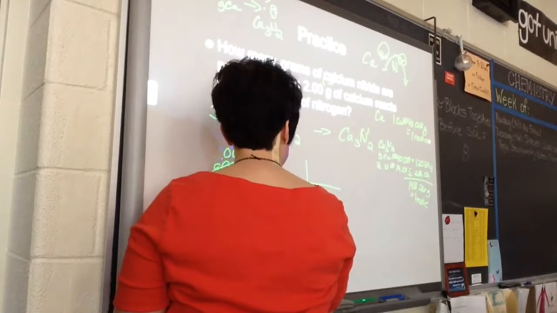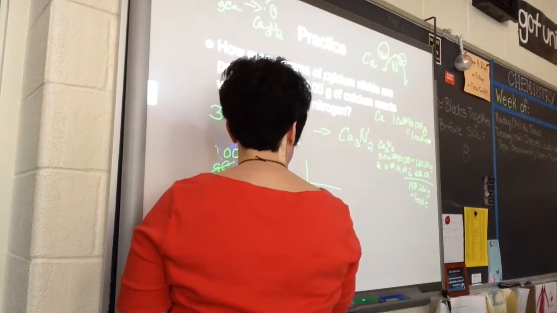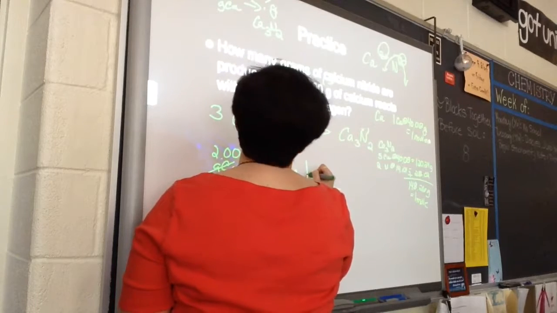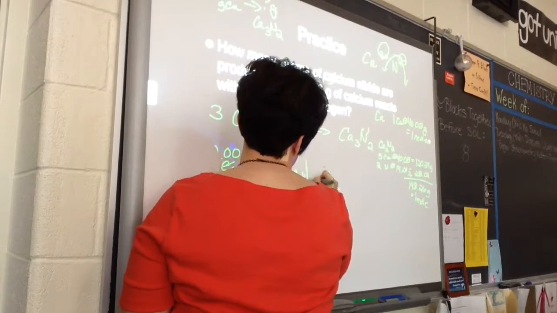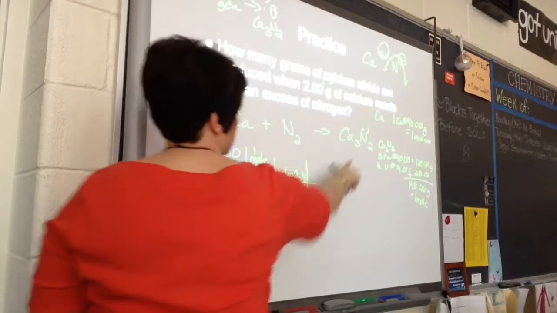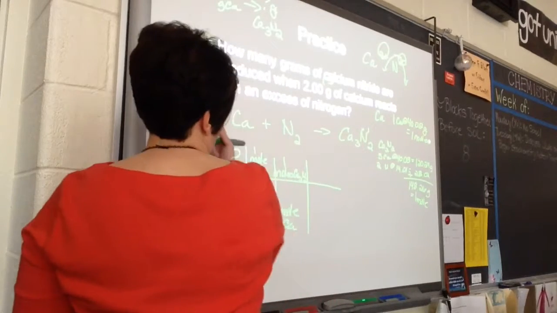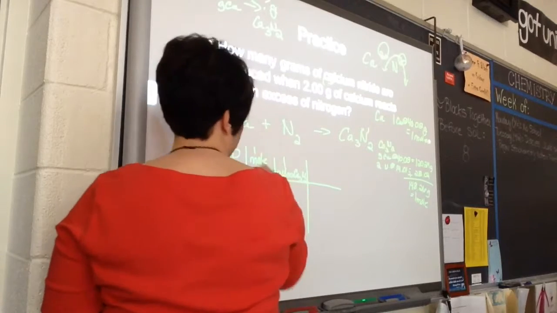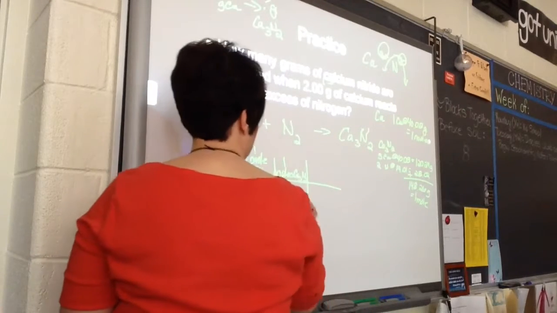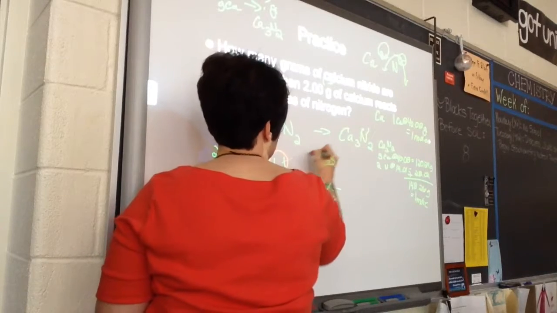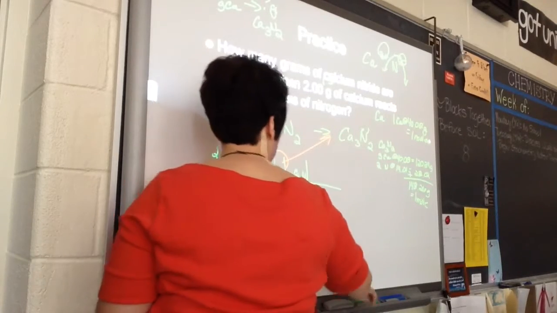Need my mole ratio here from the balanced equation. Moles Ca on the bottom, moles Ca3N2 on the top. We go to the balanced equation. There's a 1 in front of Ca3N2. There's a 3 in front of calcium. Again, this is understood to be in front of that.